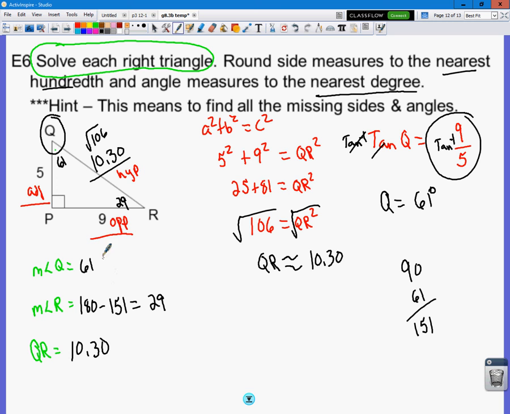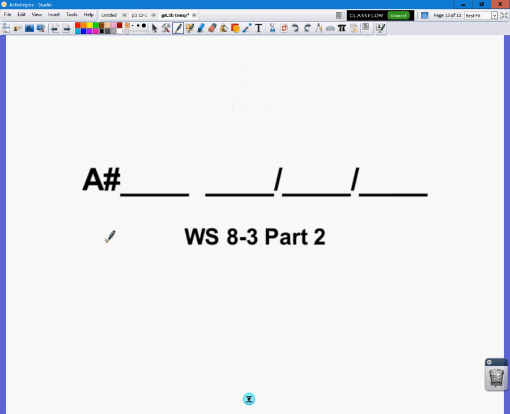Okay? Now, I want to talk about your worksheet because we're going to modify it like we did yesterday. We're going to take a little bit out of it. Numbers 1 and 2, just like we did yesterday, where they're asking for the sine of L, cosine of L, tangent of L. We're going to do the first 3, but the ones that they're asking for M, we're going to cross those 3 off that list.